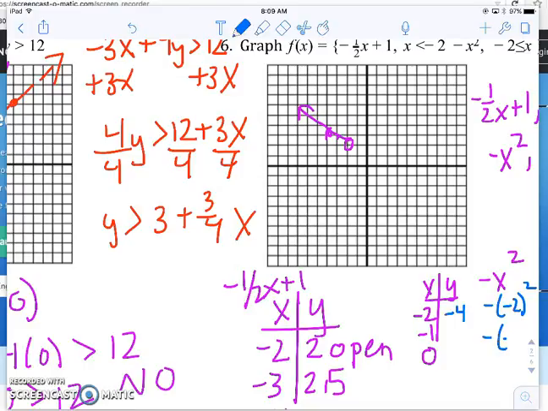The opposite of negative 1 squared is 1. The opposite is negative 1. And 0 squared, so that's 0. So negative 2, negative 4, and that's closed. And what I'm noticing is this doesn't look like a parabola, but I know it's just a parabola facing down, so I can start there and just keep on going.